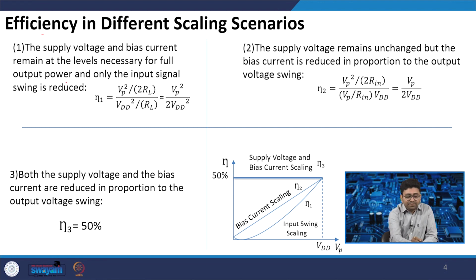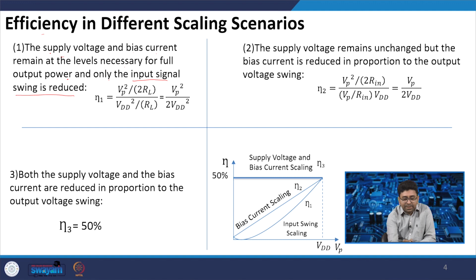The first is that the supply voltage and bias current remain at the levels necessary for full output power, and only the input signal swing is reduced. If we consider only the input signal swing changing, then as the input signal swing changes, our Vp is also changing.